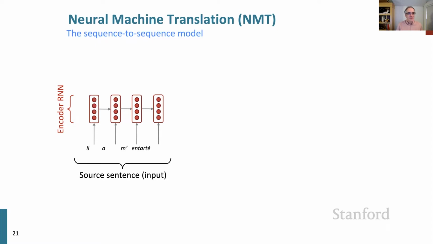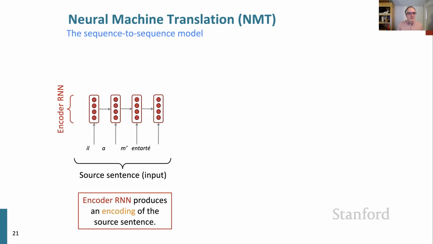Using the kind of LSTMs that we saw last class, we can start at the beginning and go through a sentence and update the hidden state each time. And that will give us a representation of the content of the source sentence. So that's the first sequence model, which encodes the source sentence. And we'll use the idea that the final hidden state of the encoder RNN is going to, in a sense, represent the source sentence, and we're going to feed it in directly as the initial hidden state for the decoder RNN.